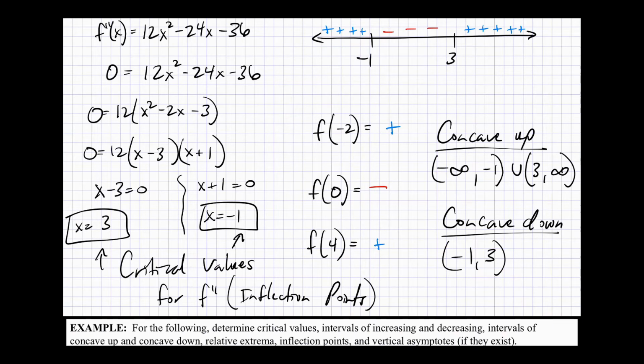So the only thing I haven't found is asymptotes. Is it going to have any asymptotes? Why is the original going to have no asymptotes?